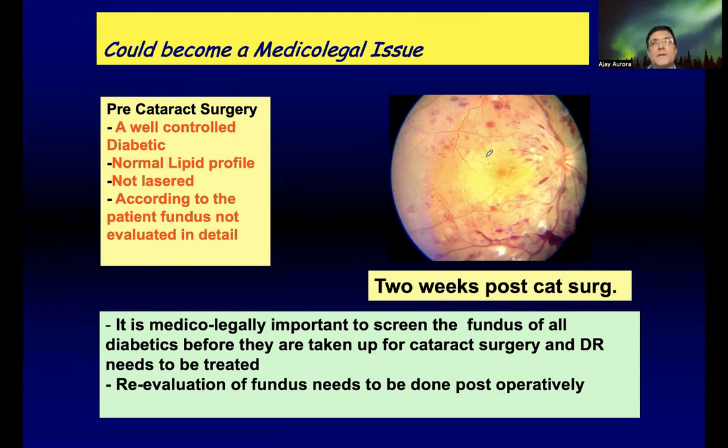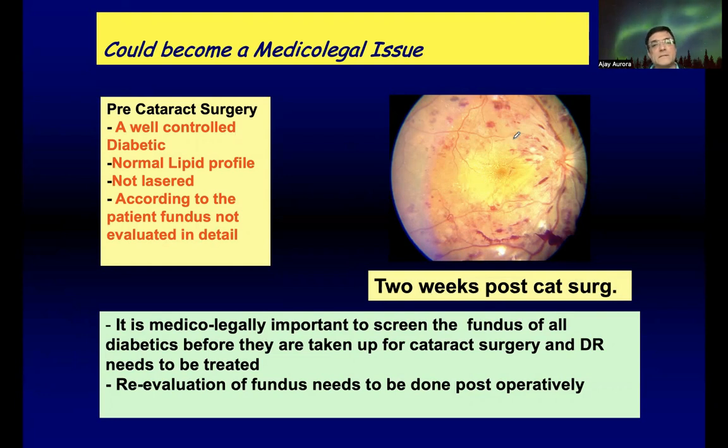But the learning from this case is that please have a look at the macula. In case there is macular edema, treat it, wait for about 10 to 12 weeks before you go ahead and do cataract surgery.